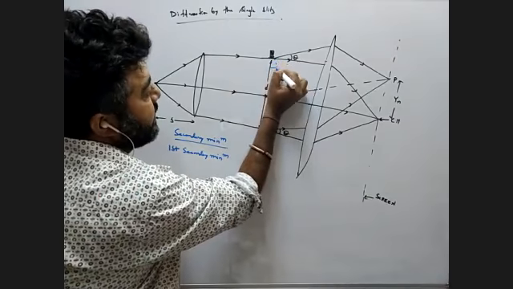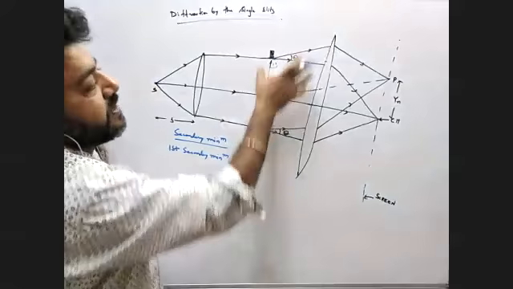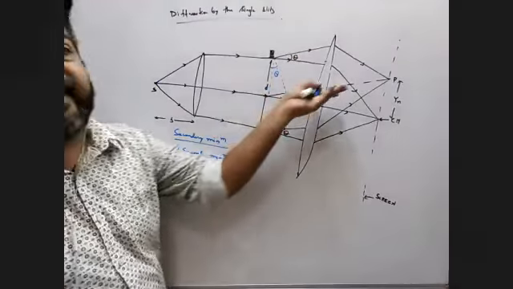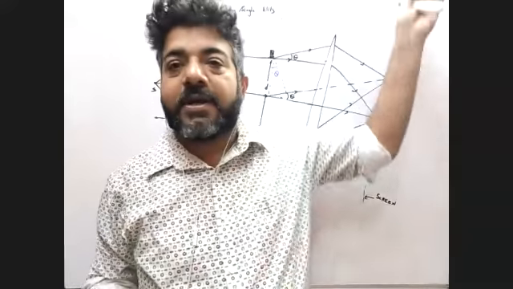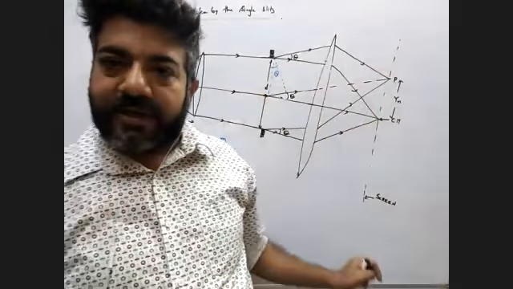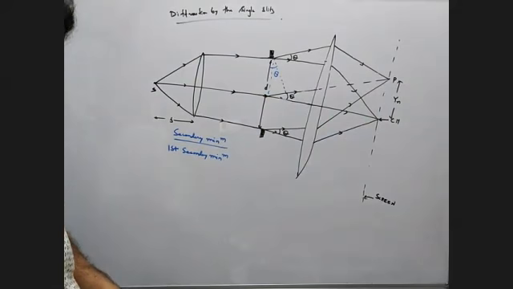This angle is also theta. That means this is the contribution for the upper half, and the other half is the contribution for the lower half. As it moves toward the upper side, the contribution decreases, so the intensity decreases. For the lower one also, in the same way, the contribution decreases, so the intensity decreases.